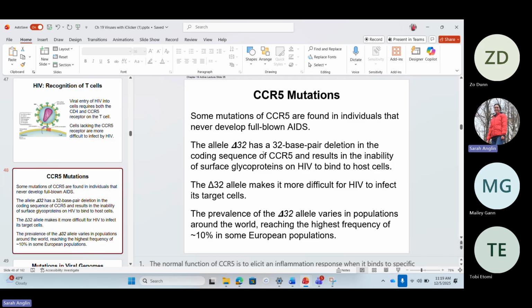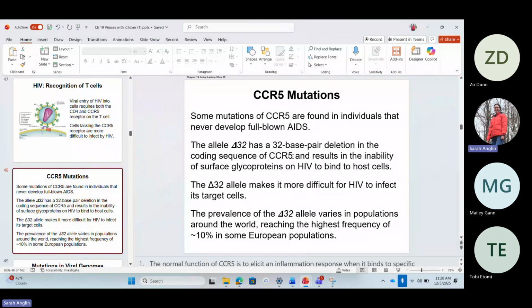In these individuals, the CCR5 receptor is slightly different shaped, so it cannot interact with the proteins on the surface of the virus. This mutation is caused by the allele we refer to as delta 32. We call it delta 32 because there are actually 32 base pairs deleted in the gene responsible for producing the CCR5 receptor.